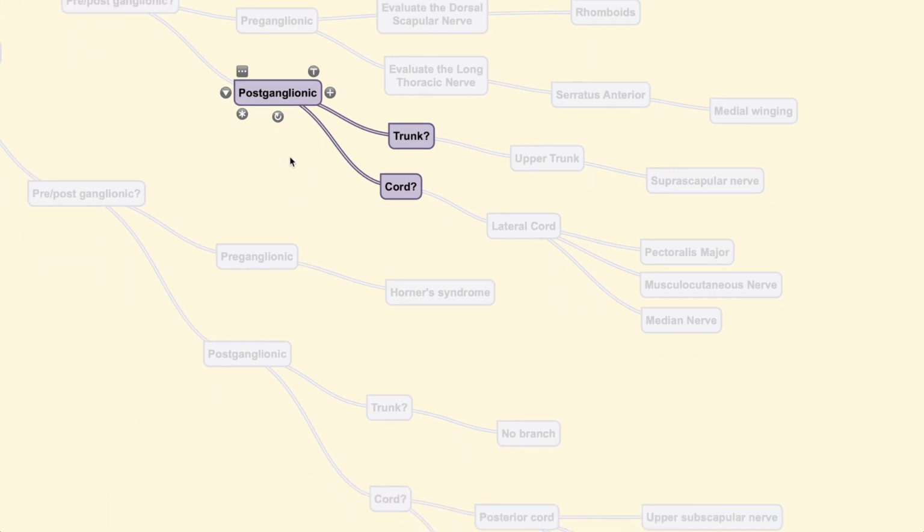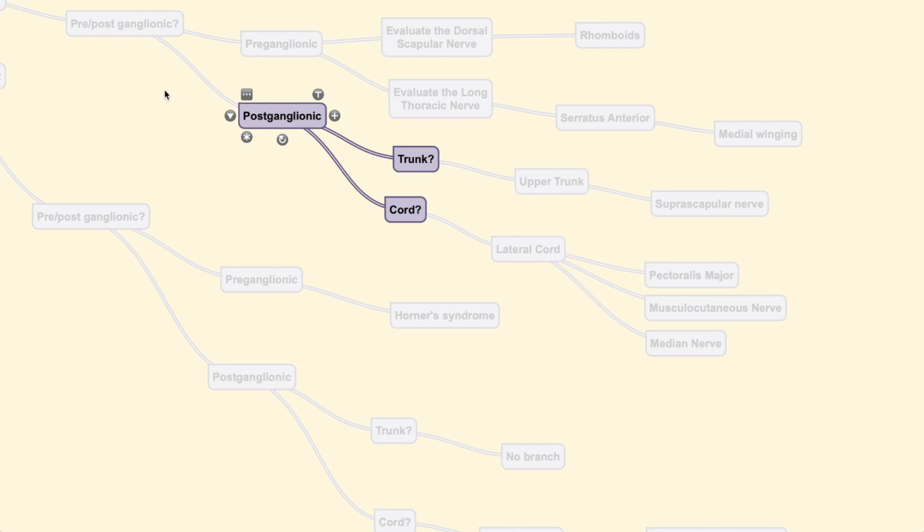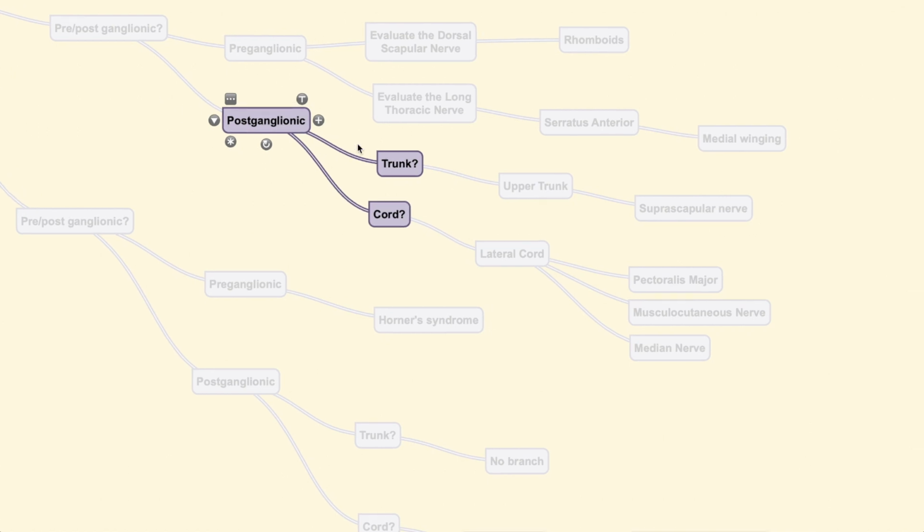Now, once you get a good grip that this patient has an upper post-ganglionic injury, you need to determine whether the lesion is over at the trunk or at the cord. So once again, I'm going to show you this anatomy picture here.